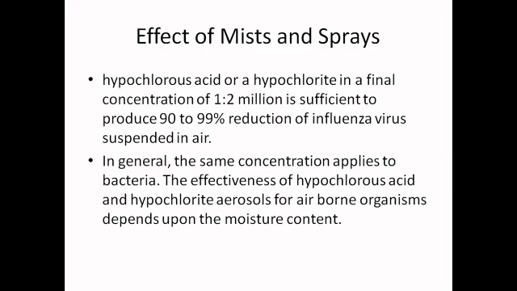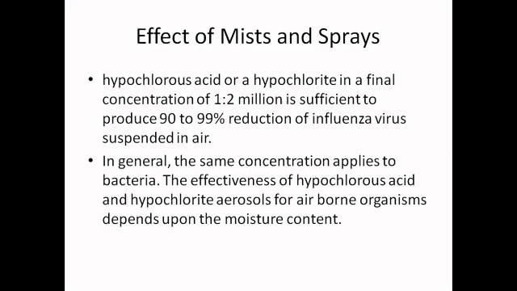The next is beta propiolactone. Beta propiolactone in the gaseous form or as an effective mist and spray is a good gaseous sterilizing agent with a wide spectrum of antimicrobial activity. It is sporicidal, fungicidal, and virucidal. This compound is a colorless liquid at room temperature with a high boiling point of 155 degrees Celsius.